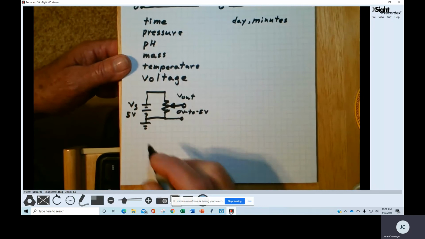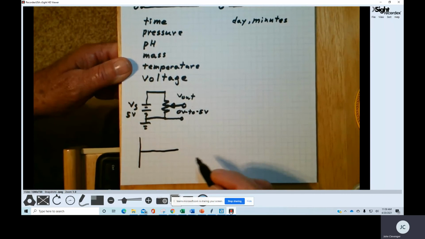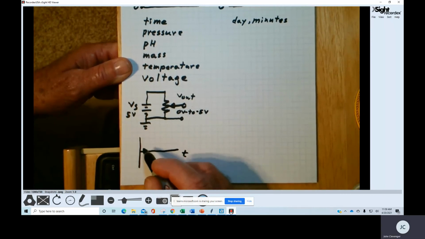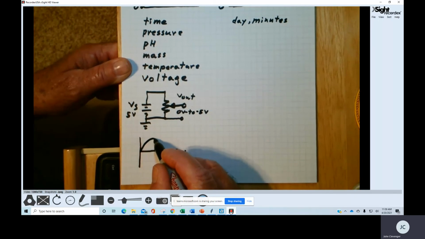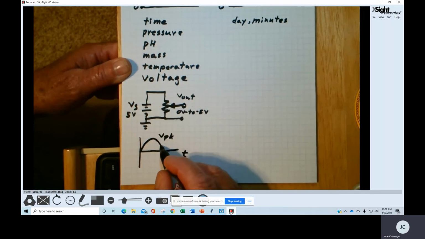And then as we progressed on through the semester, we saw that with voltage, we also have continuously varying voltages with respect to time, in that we can have a voltage that increases to some positive maximum, the peak point, and can decrease to some minimum value, the negative peak point, and then of course back to 0.